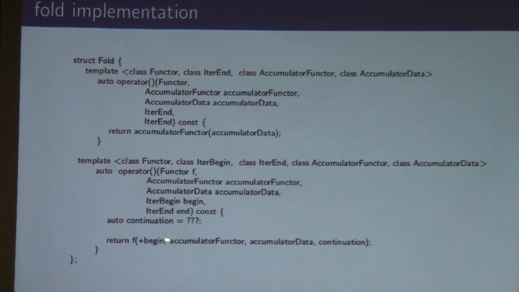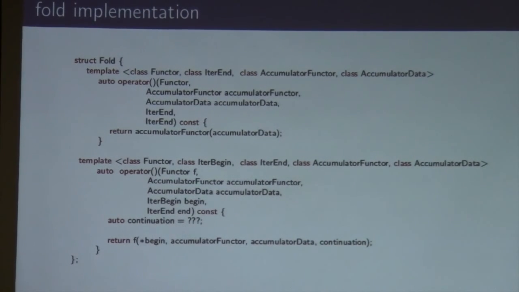So now instead of returning this type, this functor is going to call a new functor which is called continuation. This is the way to bypass the problem of this functor returning things of different types, because this functor might be something that can take arguments of different types.